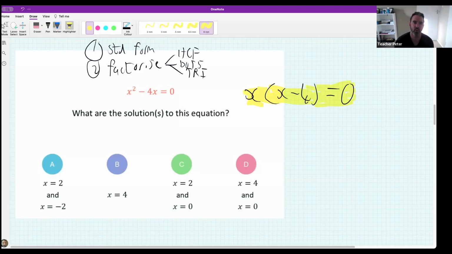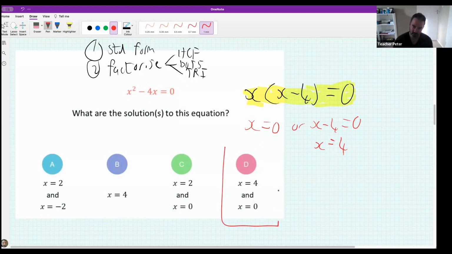And I think we can all see now, as long as we didn't fall into the trap of the difference of two squares, we get x is 0 or x minus 4 is 0, so x is 4. And so we need two answers, and the two answers are 0 and 4, and so it's D.